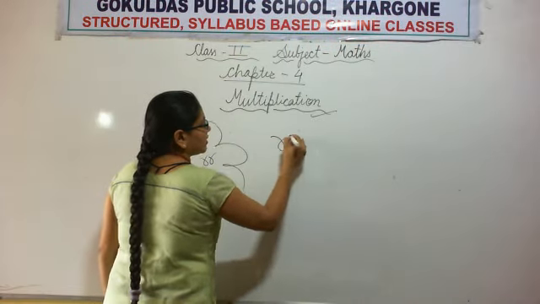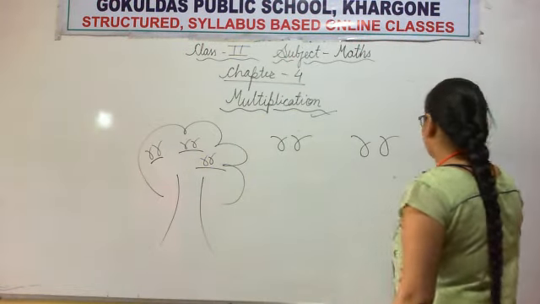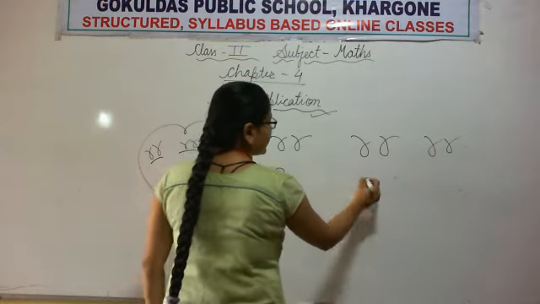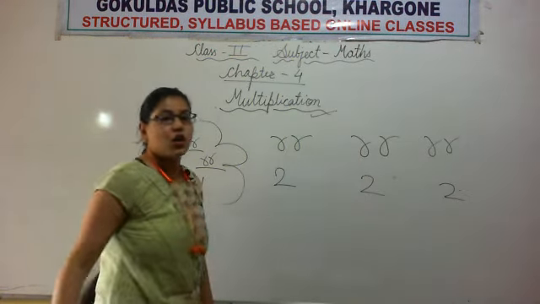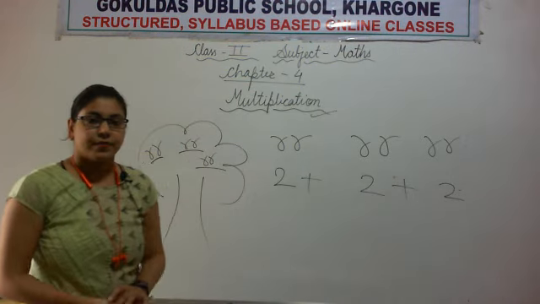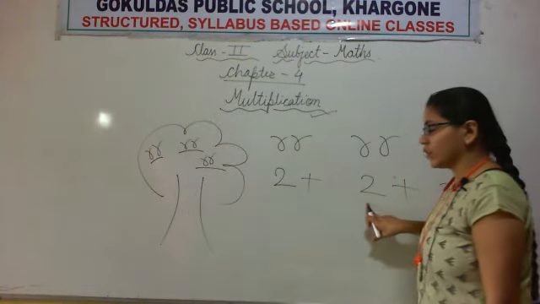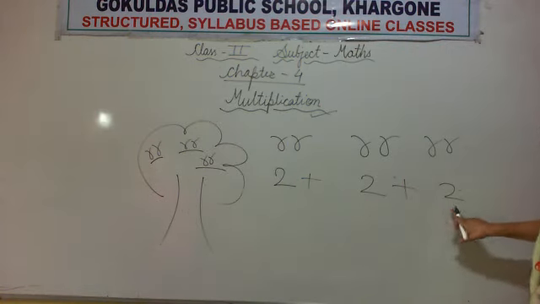So what did you do? 2 birds are there, then 2 birds are there, then again 2 birds are there. These 2 birds, these 2 birds and these 2 birds. You added all these and then you got the answer. 2 plus 2 is 4 and 4 plus 2 is 6.